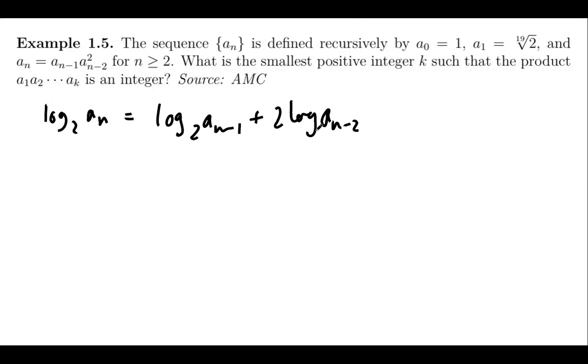And we chose base 2 because the first term is the 19th root of 2. And if we go with 2, that would make some computation easier in the future.